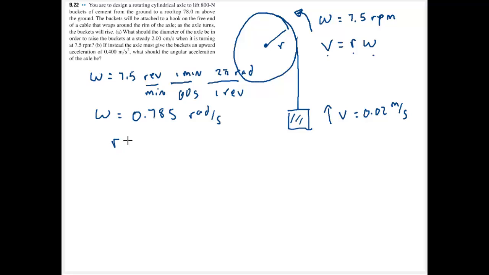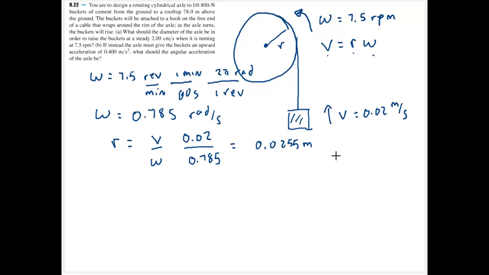So now I can simply say that my radius is going to be equal to my linear velocity divided by my angular velocity. So 0.02 meters per second divided by 0.785 radians per second, and I'm left with 0.0255 meters.